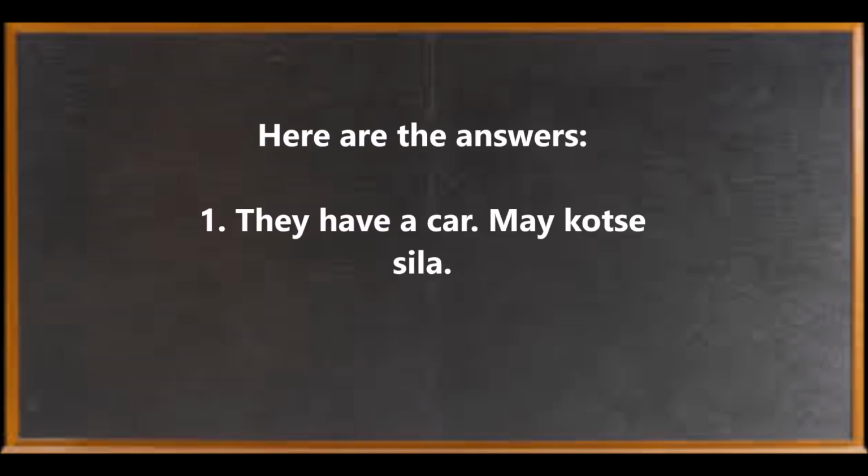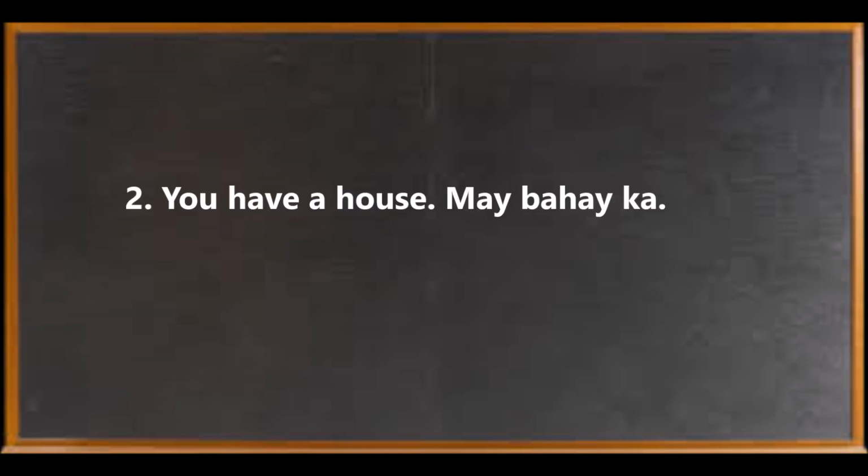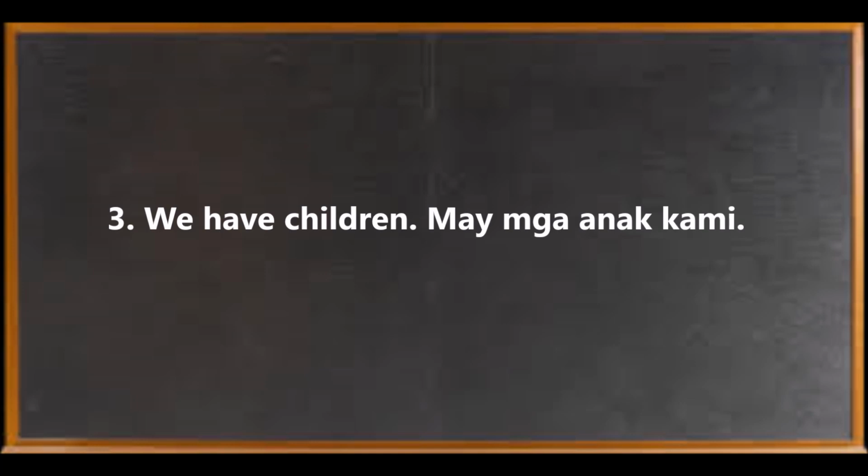Okay, if you have done answering, the answer for number 1, they have a car, is may kotse sila. You have a house, may bahay ka. I was like, oh, you have a house, oh, may bahay ka. We have children, may mga anak kami. So may mga anak, because children is mga anak, kami.